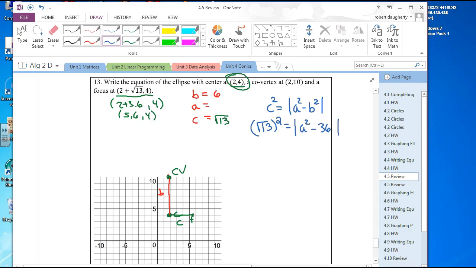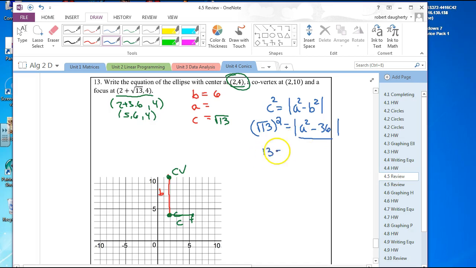Now in order to solve this, I need to get rid of these absolute value signs. So you have to do a little bit of thought process. If the co-vertex is vertical, and then the vertex is going to be on the horizontal, that means that A has to be greater than B in this problem. This has to be a horizontal ellipse. So if A is greater than B, that means this is going to be a positive number inside the absolute value.